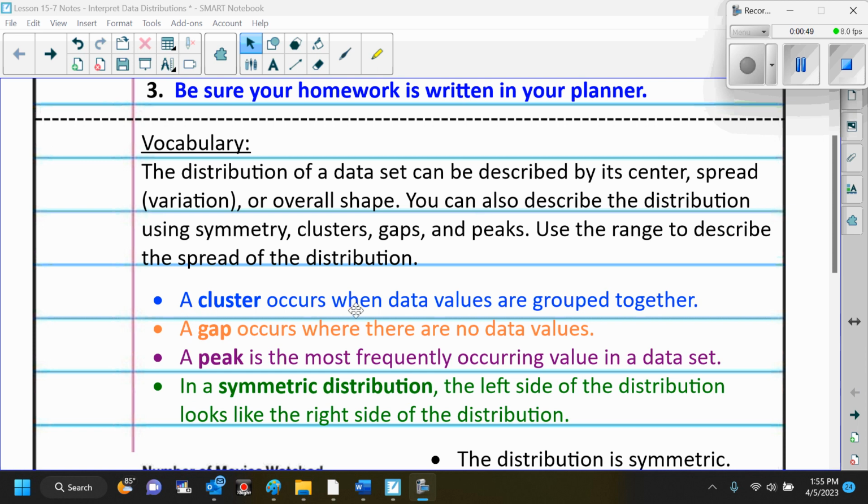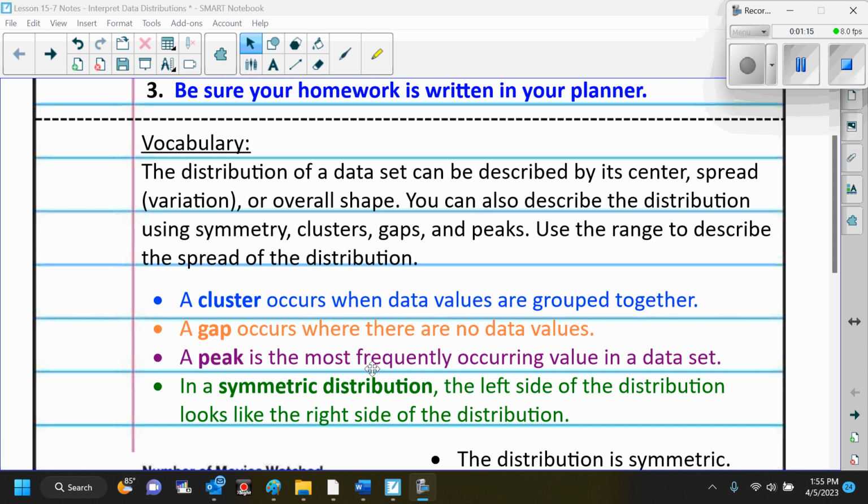A cluster occurs when data values are grouped together. A gap occurs when there are no data values. If we have a histogram, there's going to be no bar there. If we have a line plot, there's going to be no dots on the number line.